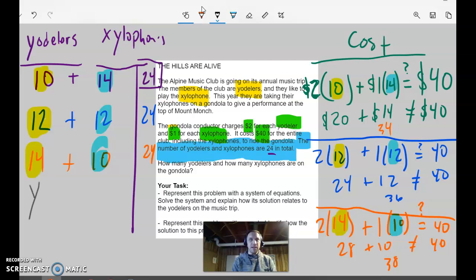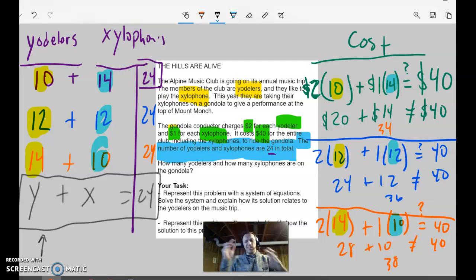If I have this many yodelers, I know I need to add that to that many xylophones to get to 24 total. When you're saying the total is 24, and it's made up of 2 things, yodelers and xylophones: y plus x equals 24.